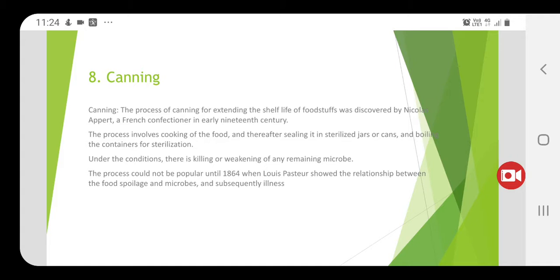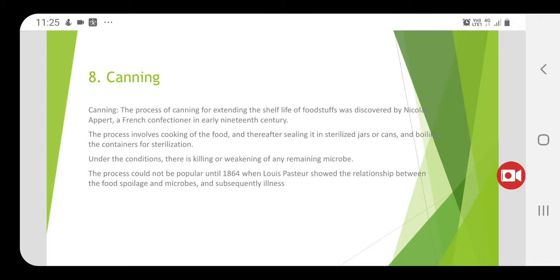This canning process involves cooking of the food, and thereafter keeping that cooked food in sterilized cans, which are then airtightened and kept for preservation. By doing that, we can keep the food ingredients for a longer period.